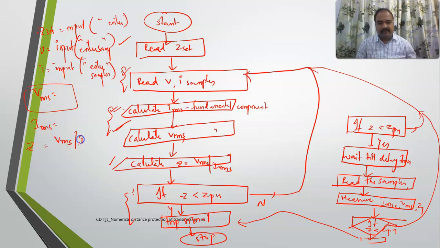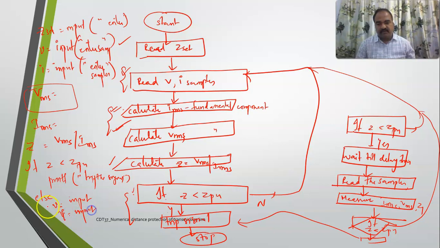VRMS by IRMS. Now, you will write: if Z is less than Z per unit, print trip signal. Else, you will again take V and I inputs.